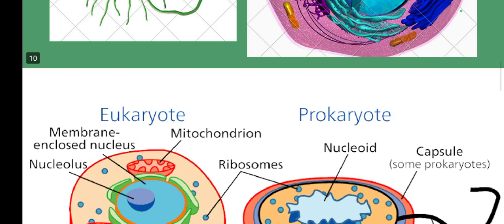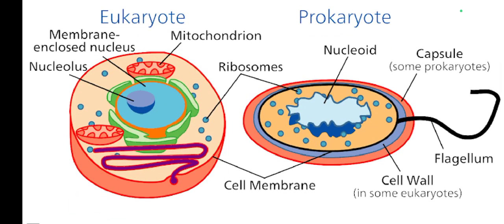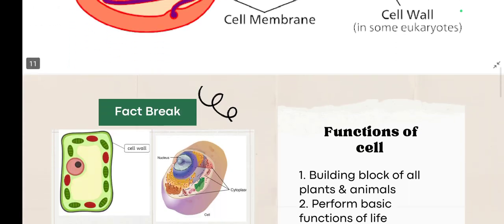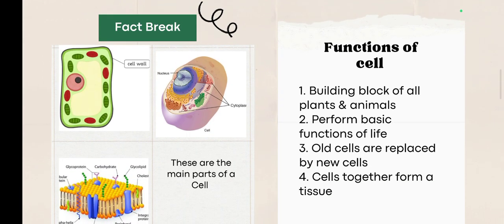Now, as you can see here, the true nucleus, how well it is defined. Cell wall: here there is no cell wall. Function of a cell: the main function of a cell is that cells are the building blocks of plants and animals. They perform basic functions such as transportation of nutrients or energy production.